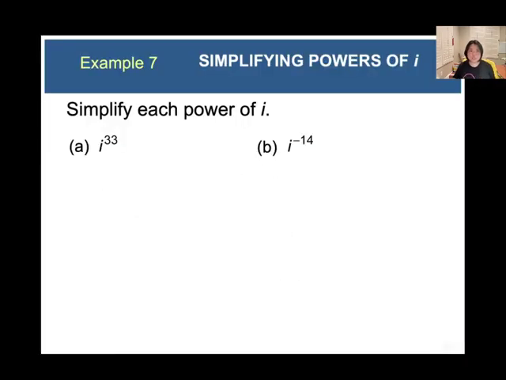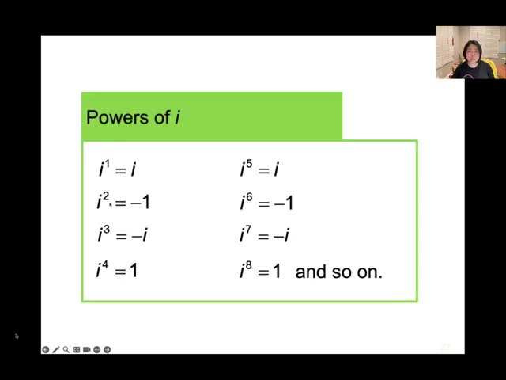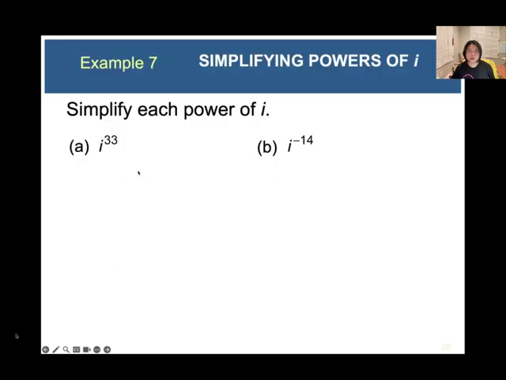Okay, simplify each power of i here. So we try to make it an even number, because we know when you have an even number here, either it's going to be -1 or +1. So when you have the odd number, 33, that will be the odd number. First, we're going to bring 1 out. Okay, take out 1 of the i.